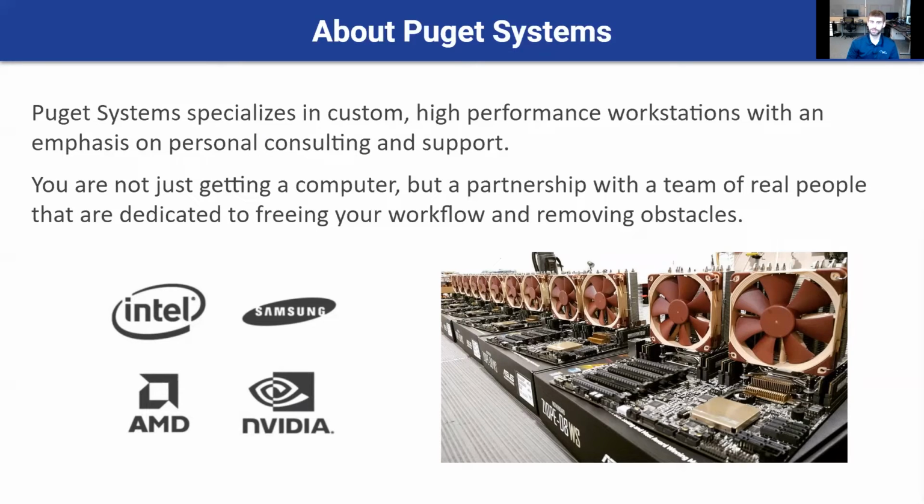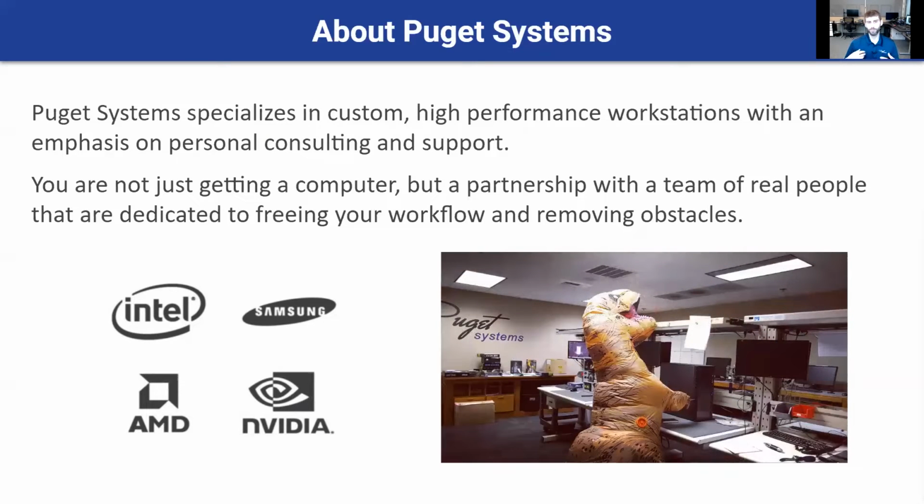Obviously, we make sure that it's the right thing for what you're doing. We do a lot of special things in terms of bracing, so that it'll actually survive the UPS or FedEx trip to you. But it's really the pre-sale and post-sale, because we're people just like you, we have one T-Rex. And we just want to help you get your work done.